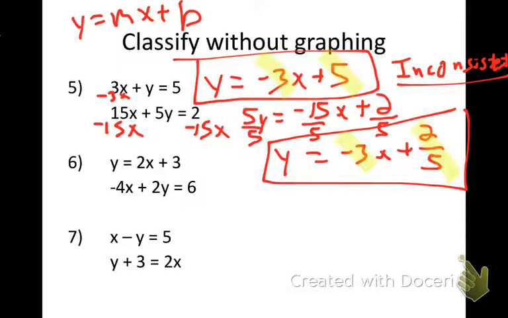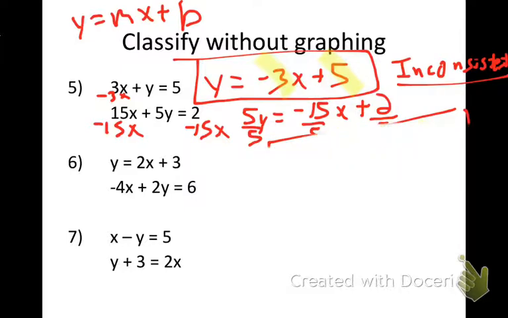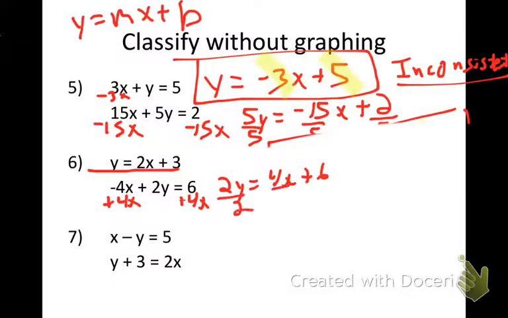Alright, number 6 here, I'm going to erase so I can get some more room. First one's already solved for. Great. Second one I need to solve for y. So I'm going to add 4x over, giving me 2y equals 4x plus 6. Divide everything by 2, giving me y equals 2x plus 3.